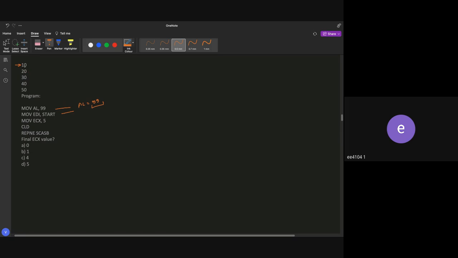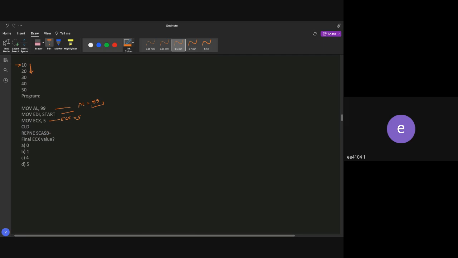Here we have 10, and the count in ECX is 5. We are clearing the direction flag, so we'll start from 10 and move in the downward direction. Because it is not specified in this question, we'll assume the direction will increase as we go downward.